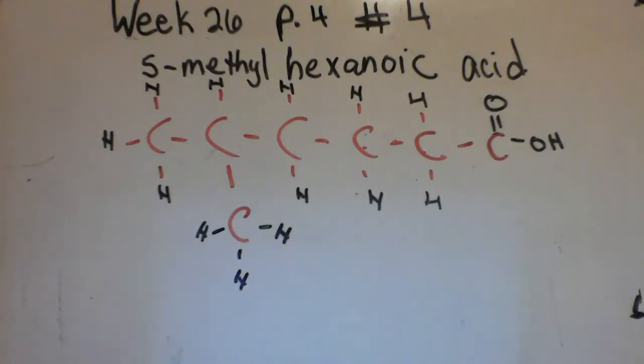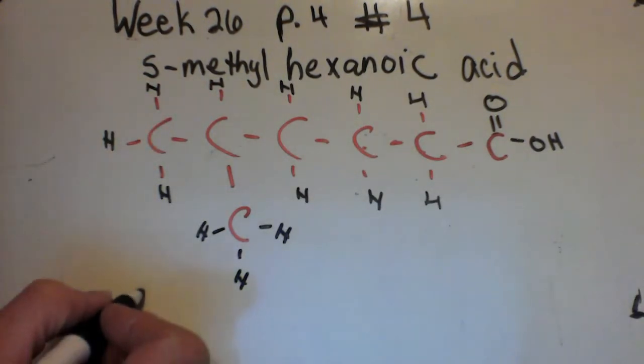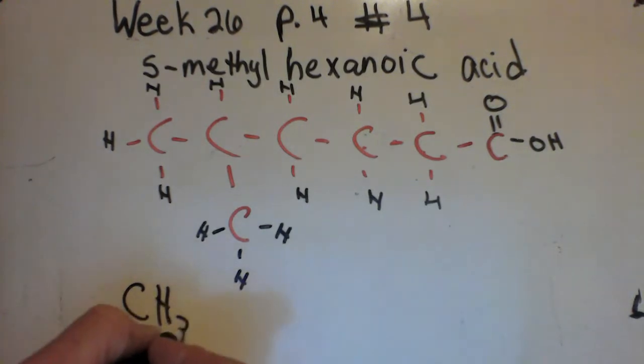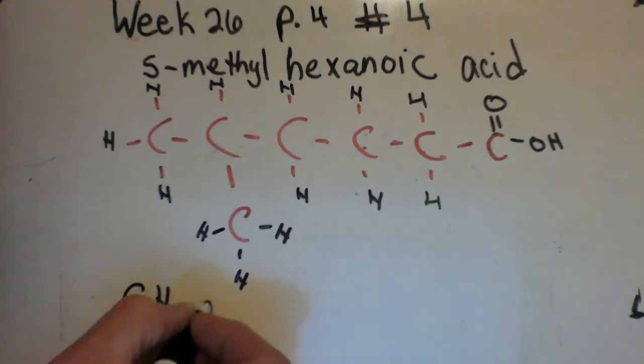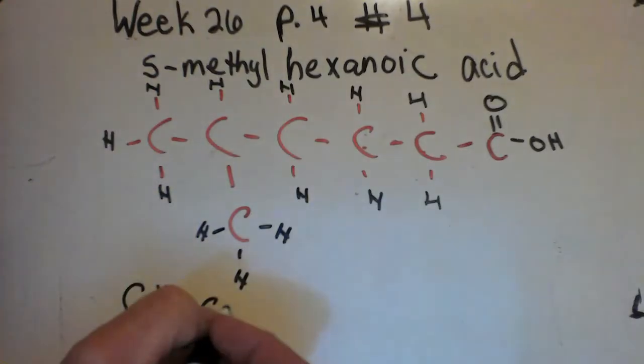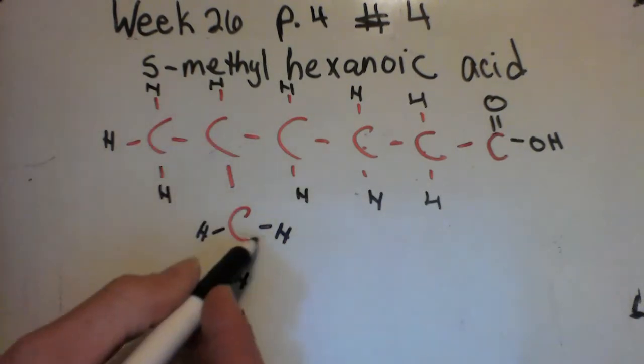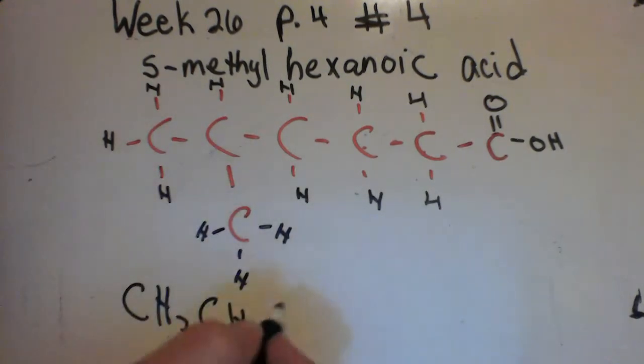Now the problem told us to write the condensed structural formula for 5-methyl hexanoic acid. So we're going to start with the ending carbon, and that gives us a CH3. Now our next carbon has a C for carbon. It's bonded to 1 H, and it's also bonded to a branch of methane.